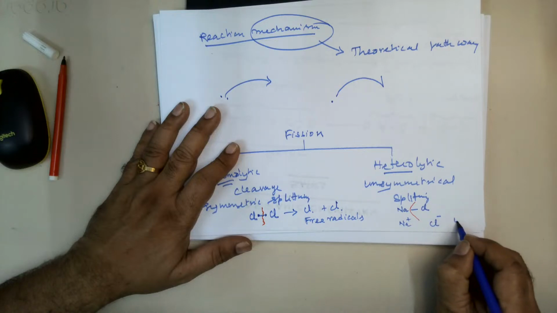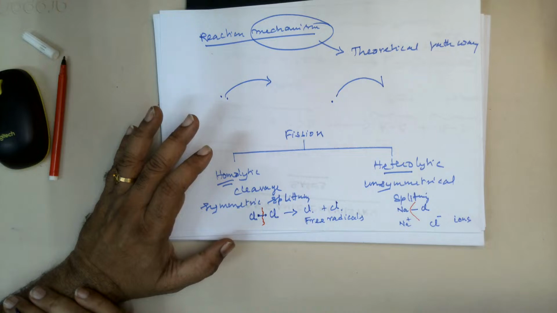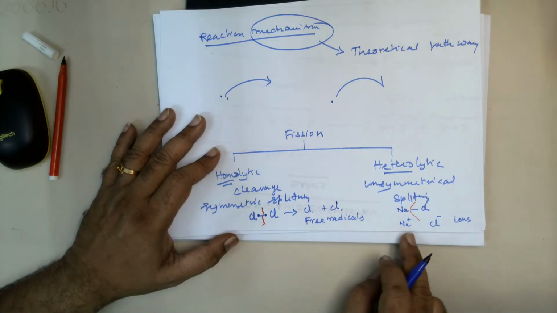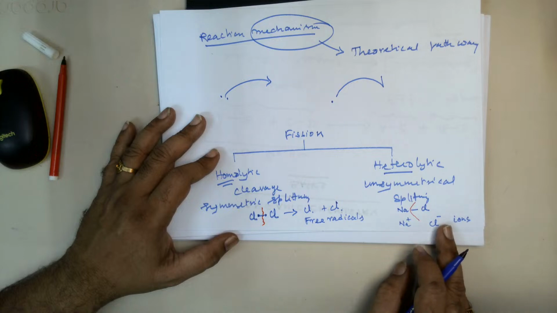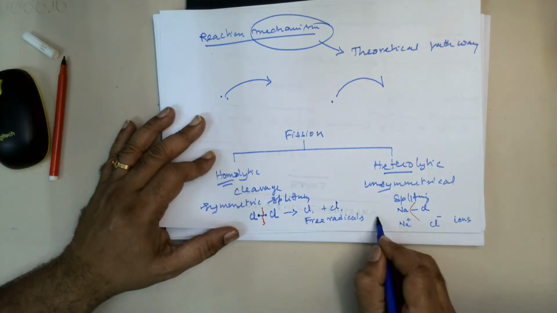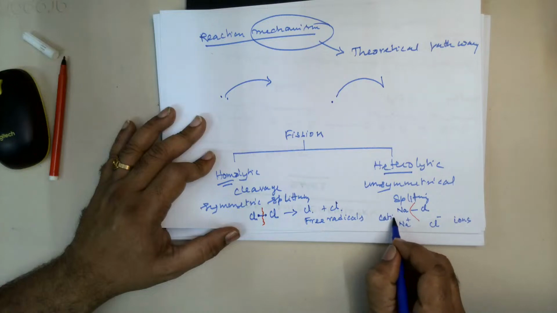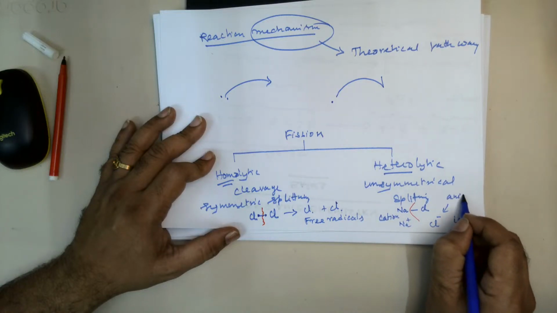In this case, the ions are the products of heterolysis. So this is called the positive ion, that is cation, and the negative ion is called anion.